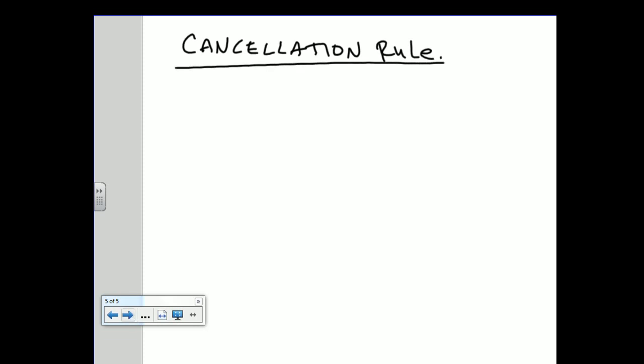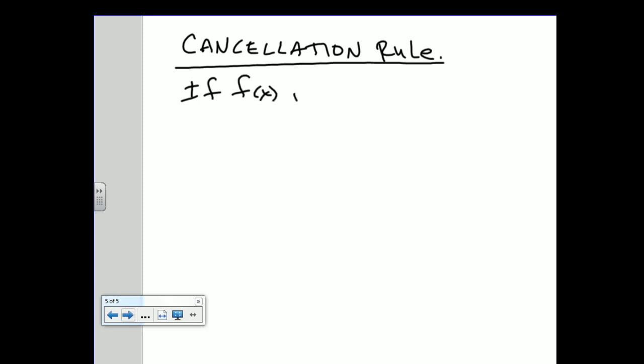Now we're going to look at another rule called the cancellation rule. Now the cancellation rule is a little long rule. Once I introduce all the rules to you, then I'm going to show you some examples.